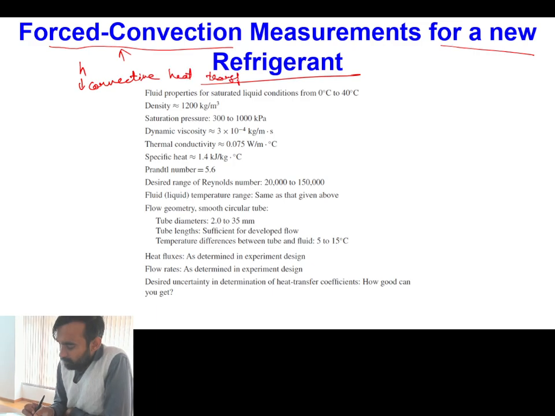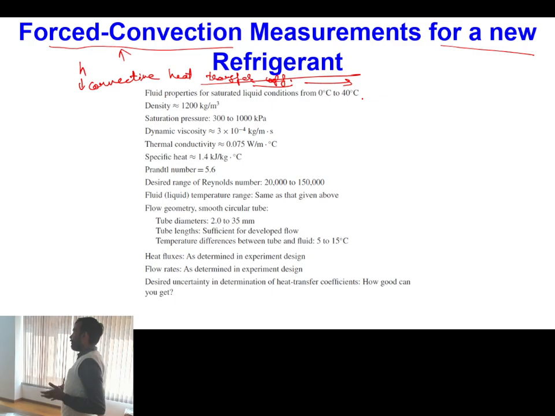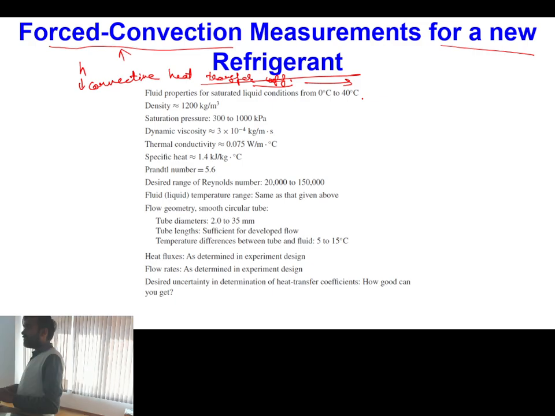Now, can you tell me the name of any instrument or device which can give me the value of the heat transfer coefficient?